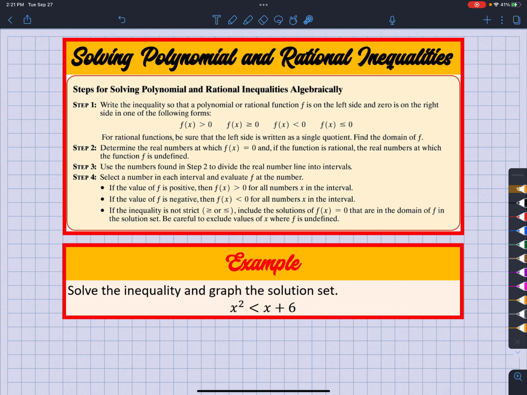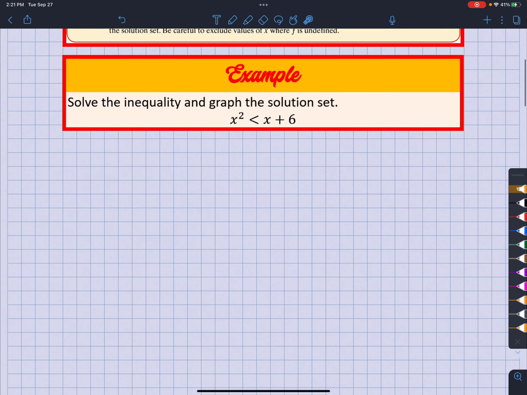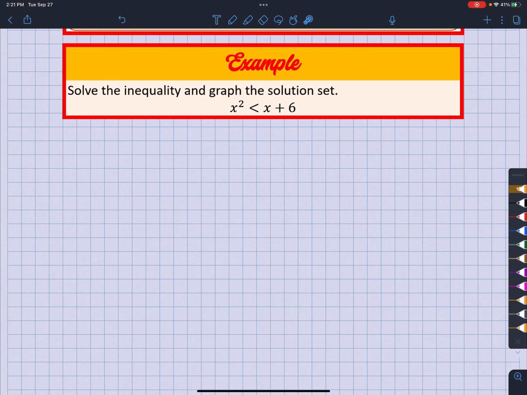The first thing I would do as I'm doing inequalities is to figure out what kind of graph this is.